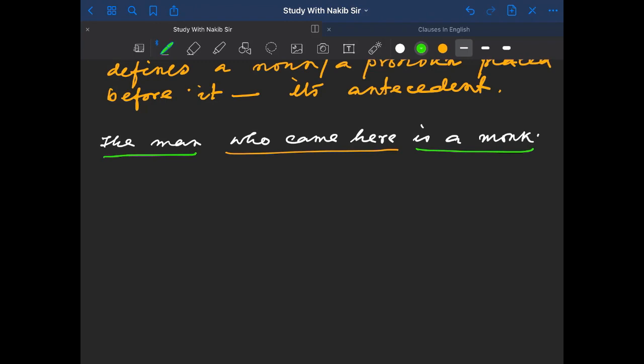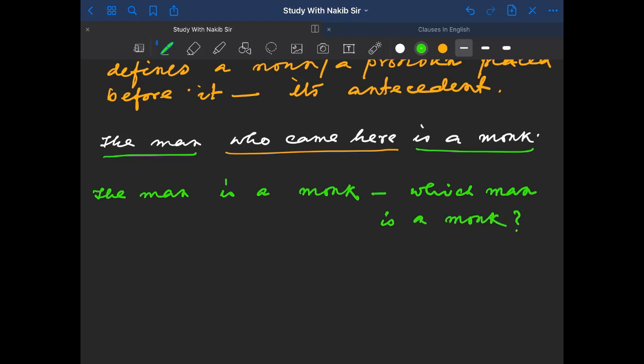So if you say the man is a monk, immediately there will be a question: which man is a monk?